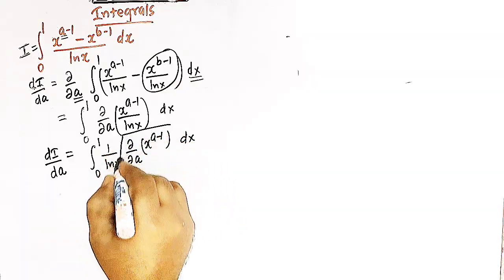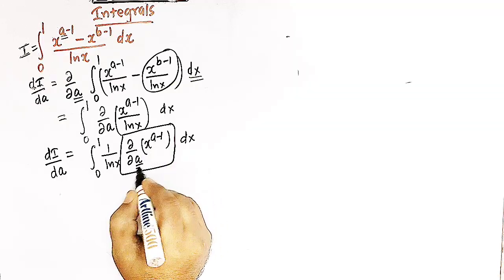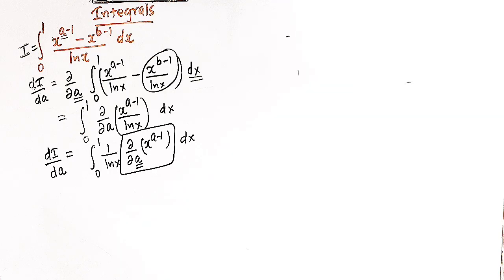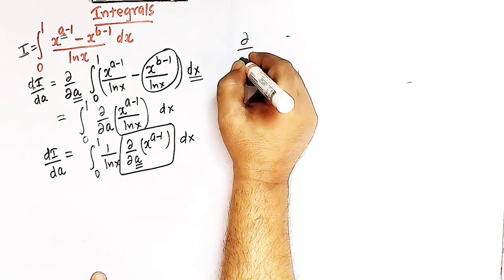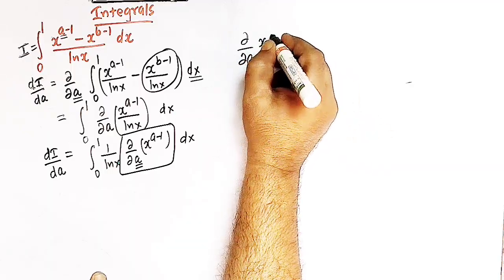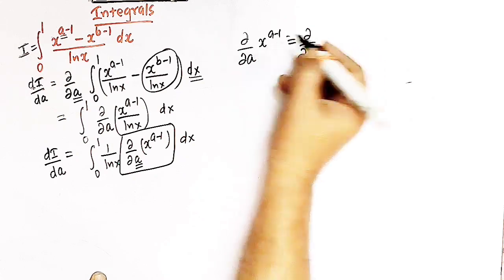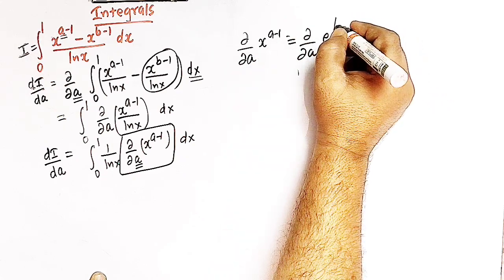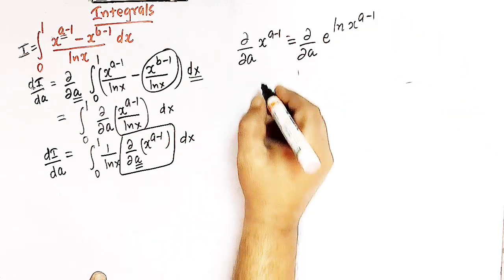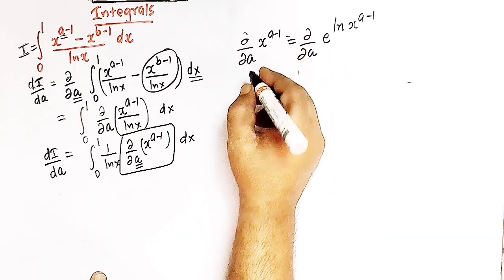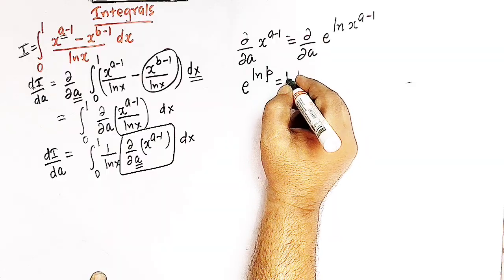So now let us find out the derivative of x raised to a minus 1 with respect to a. So now let us separately find out the derivative here. So we can now write here x raised to a minus 1, and we can write x raised to a minus 1 as e raised to natural log of x raised to a minus 1, because we know this important result, that is e raised to natural log of say p is equal to p.